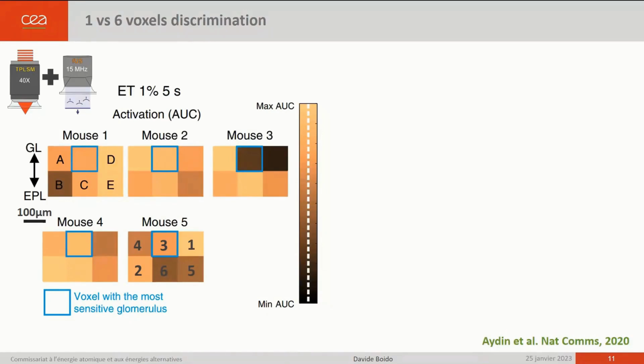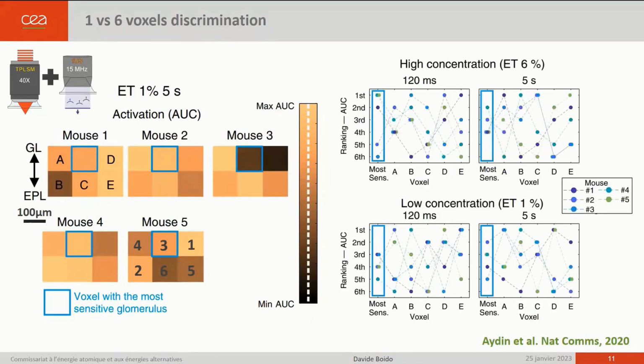If we could use this parameter to point out the voxel containing the most sensitive glomerulus, this voxel should always rank first. Indeed, here are the ranks of the 5 mice with many stimulation strands, and the rank seems to be randomly distributed. So the voxel doesn't seem to show a particular tendency to rank first.